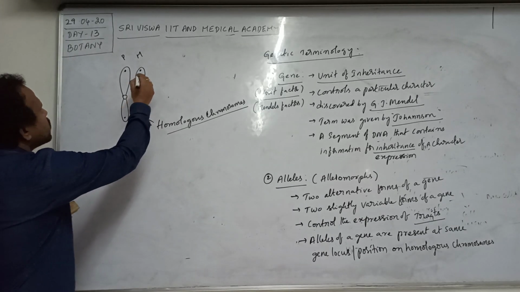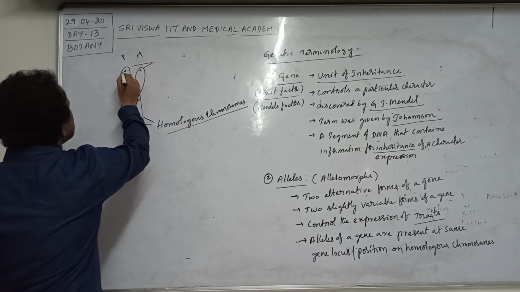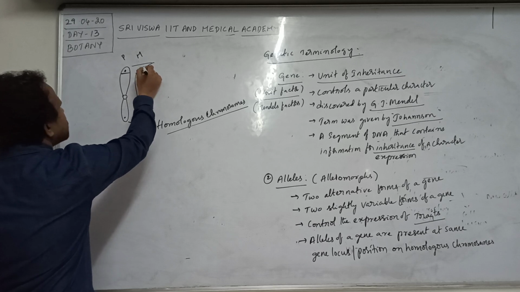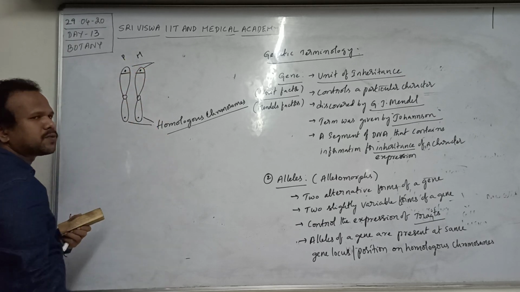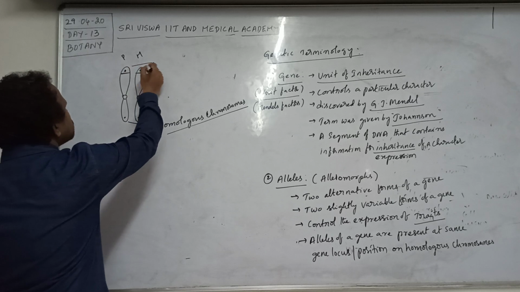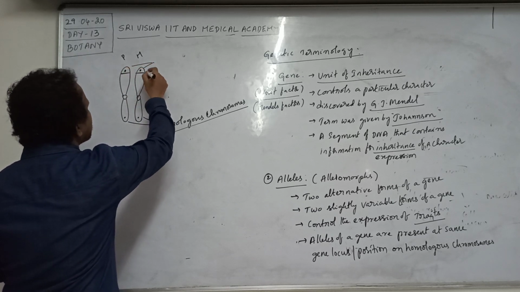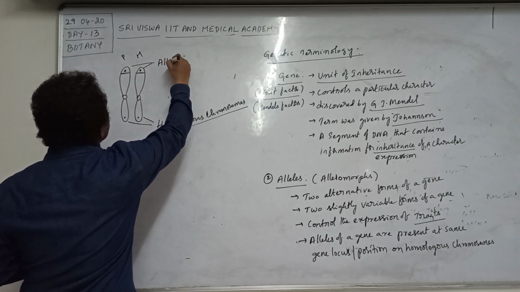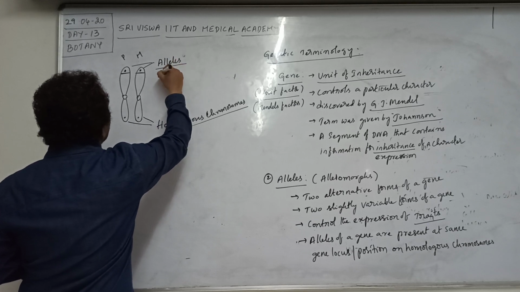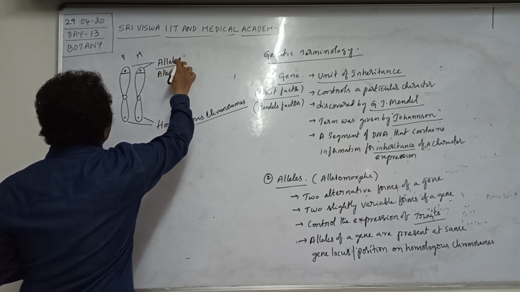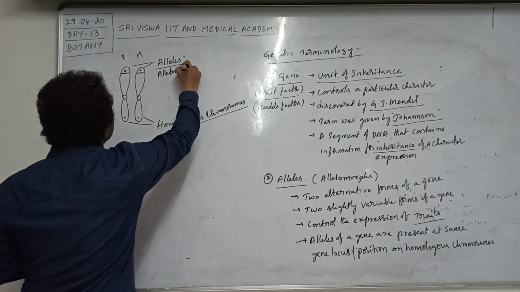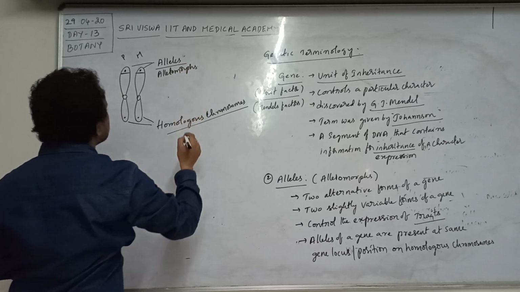Generally, in homologous chromosomes, this is one gene. This region represents one gene. This region of the chromosome is characterized by alleles or allelomorphs.